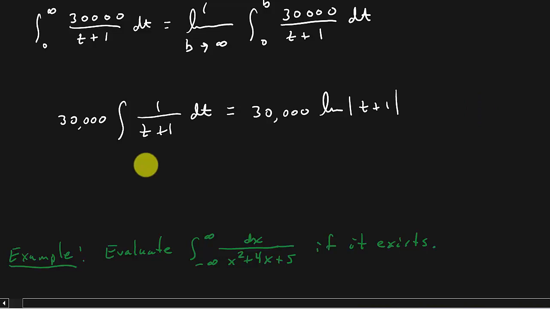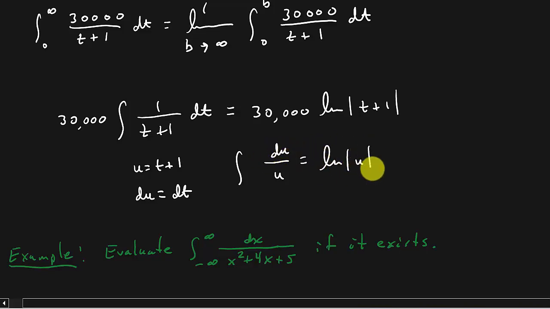And you can see that. If we let u equal t plus 1, then du is equal to dt. So this is going to be the integral of 1 over u, in the place of t plus 1 we put u, and in the place of dt we put du. You can see that that's natural log of u.